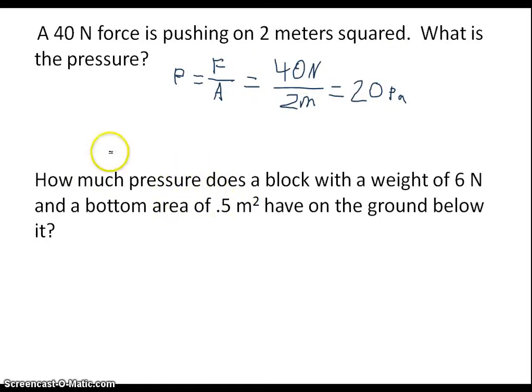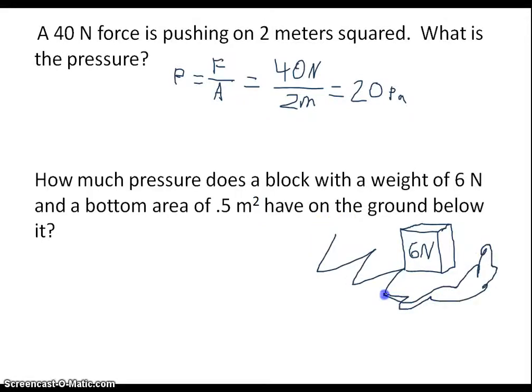Try to figure out the next one on your own. Okay, for this next one, we have a block with a weight of 6 newtons. And it's on the ground, and I can just draw some ground here. It's just sitting here on the ground. What is its pressure going to be? Hopefully you've calculated this out. First thing you did was you put the equation down here.